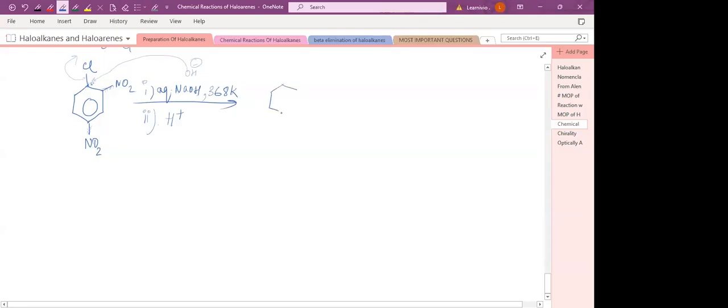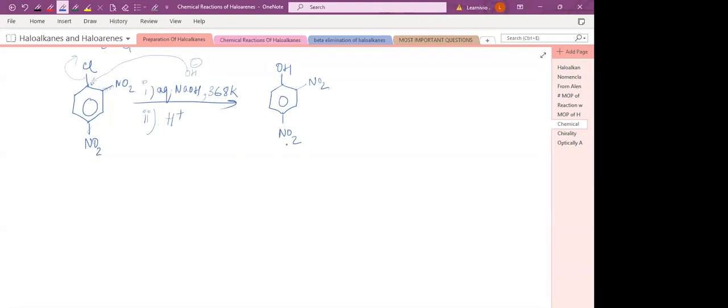So the more the number of electron withdrawing groups at ortho and para position, the more the reactivity, and the easier the removal of the chlorine, the halogen group. So OH over here, nitro group as it is. What is the function of the nitro group here?